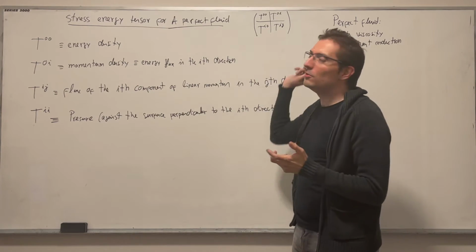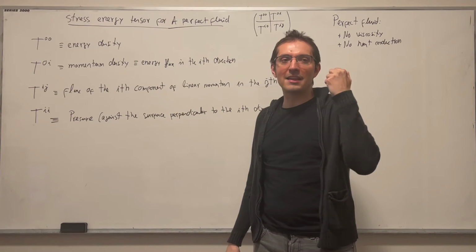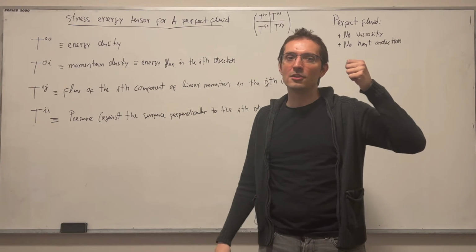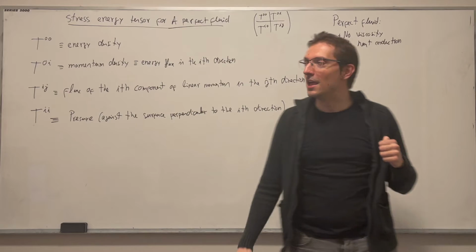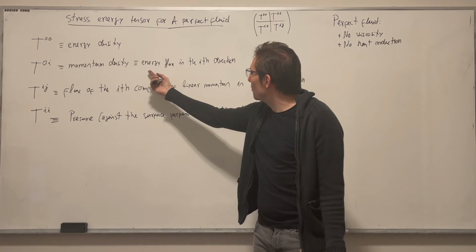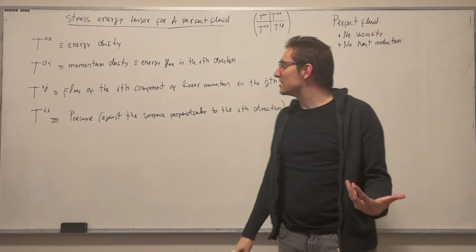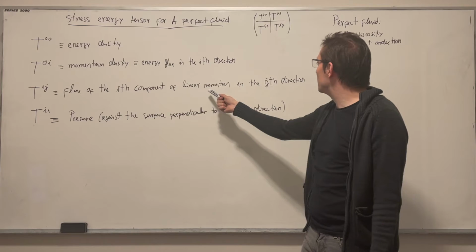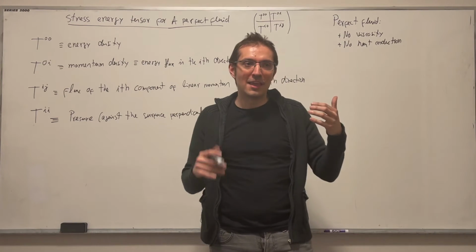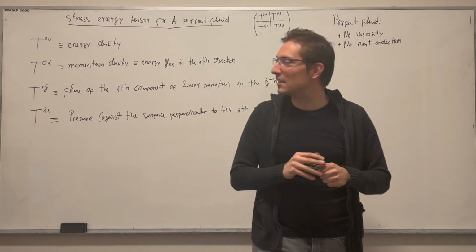So T^{μν} is the flux of the μth component of four-momentum across the surface perpendicular to the νth direction. So in that particular way of seeing it, you see that T^{0i} is the energy flux in the i direction, and T^{ij} represents the flux of the ith component of linear momentum in the j direction. Remember what flux is. Flux of something is the amount of something going across a surface per unit area per unit time. All right?